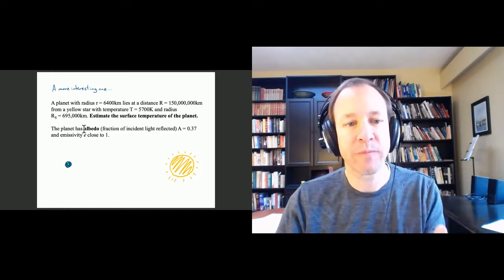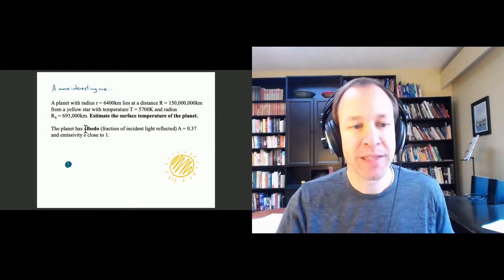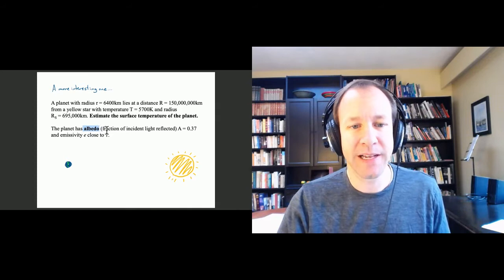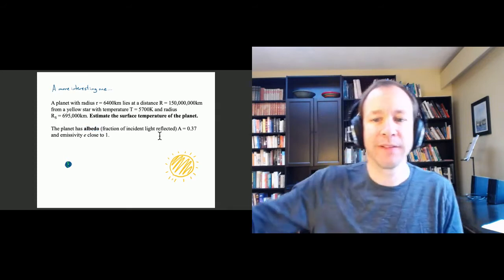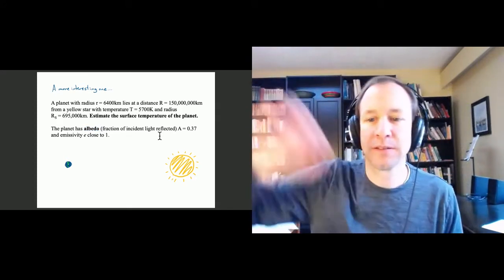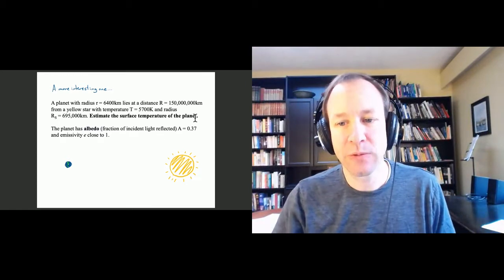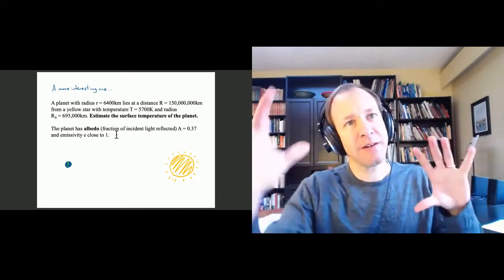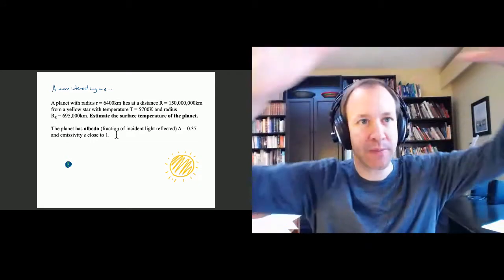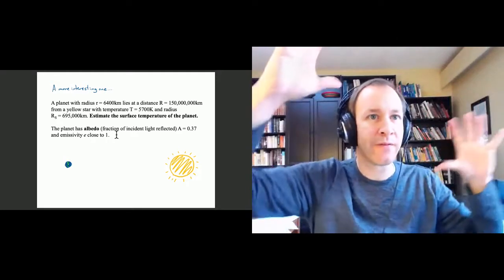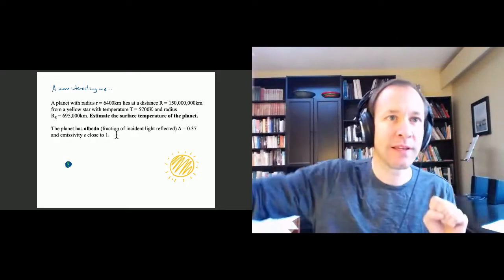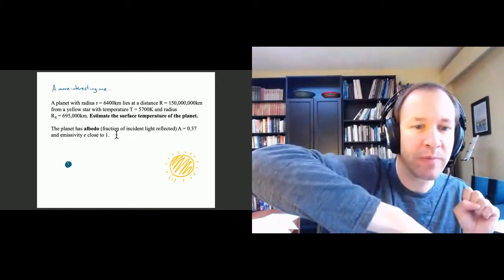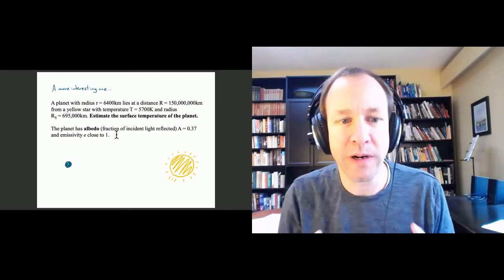One additional piece of information that we're going to need is that the albedo, so this is defined to be the fraction of incident light reflected, that's equal to 0.37. So this is just taking into account the fact that the Earth is covered in, well, various materials, but in particular we have clouds covering a fraction of the Earth, and when the sunlight hits the clouds, it tends to reflect off rather than being absorbed by the Earth. So that'll be important for our later calculations.